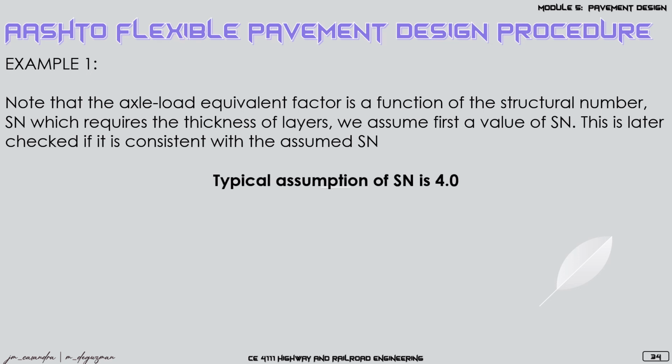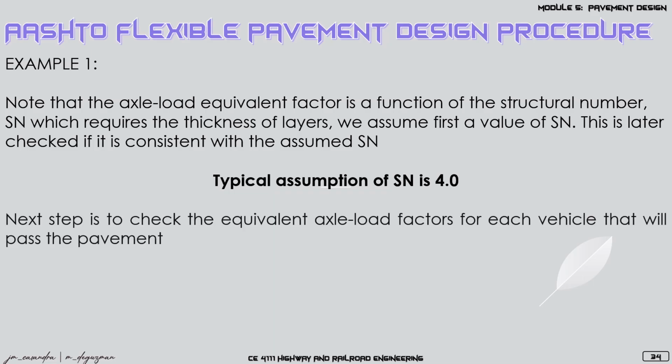So in this case, a typical assumption of Sn is equal to 4. So once we have established our assumption of the structural number, the next step is to check the equivalent axle load factors, or your ESAL, for each vehicle that will pass our pavement to be designed.